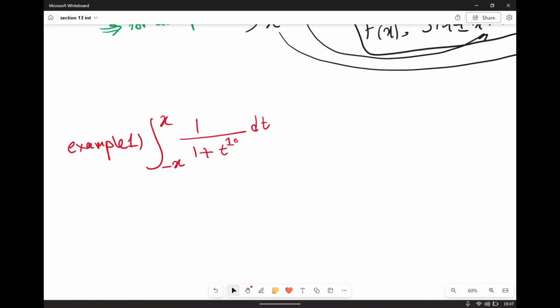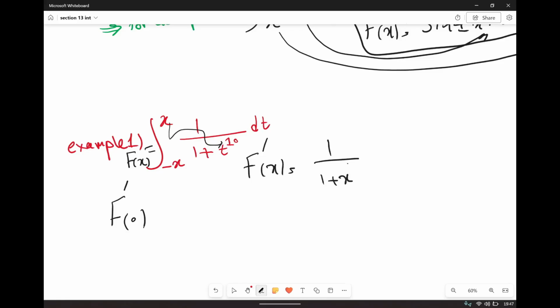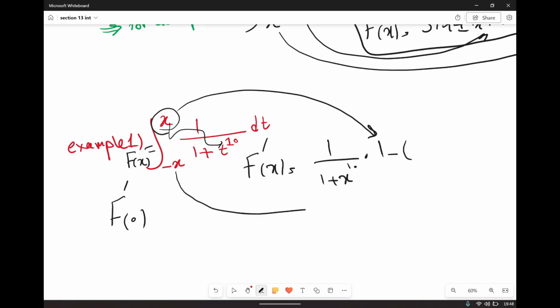In example 1, consider that this is capital F, and I'm going to calculate f prime of x. At the first, I put in here 1 over 1 plus x power 10 times the derivative of x with respect to x, which is 1, minus the derivative of minus x with respect to x, which is minus 1, times this value.